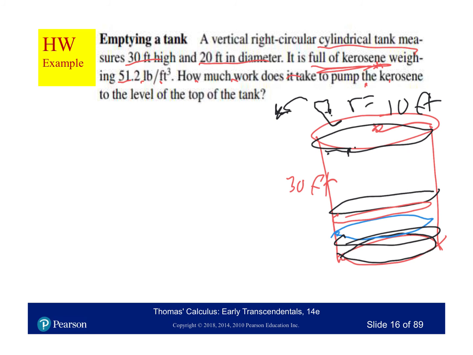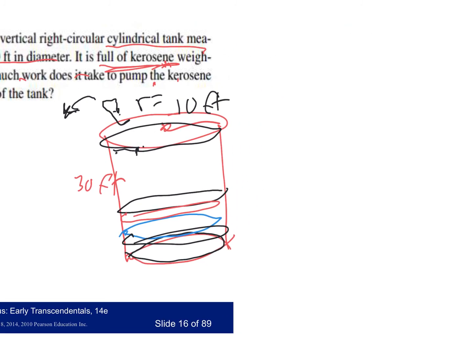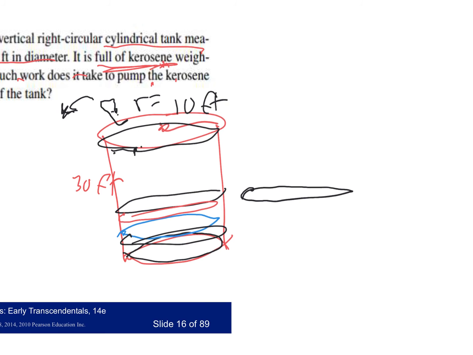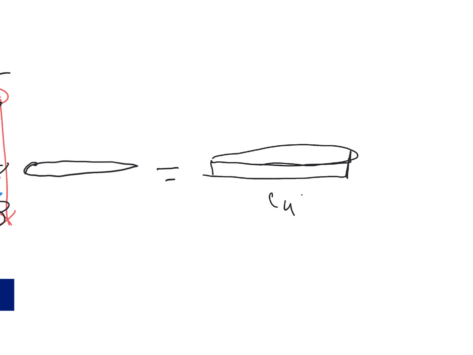So think of these like paper plates. It has to pull out each paper plate one at a time. What I also need to let you know about this paper plate of oil, it may look like a paper plate of oil, but let me microscopically zoom in. It actually looks like that. That is known as a cylinder or a cylindrical disc.